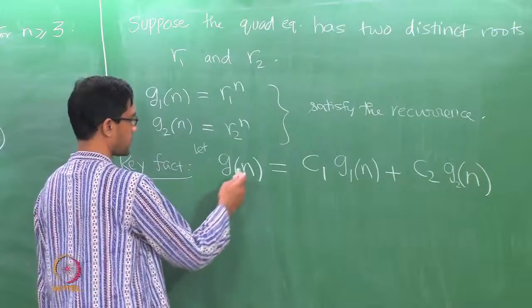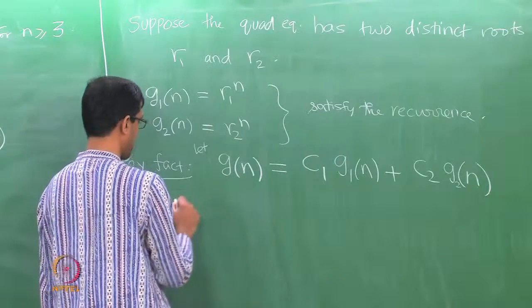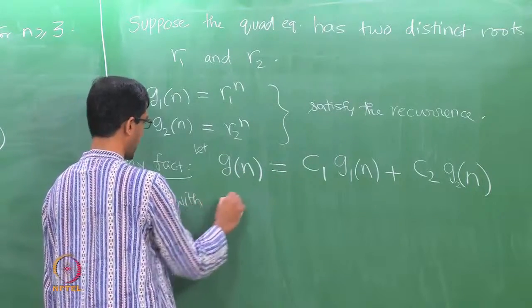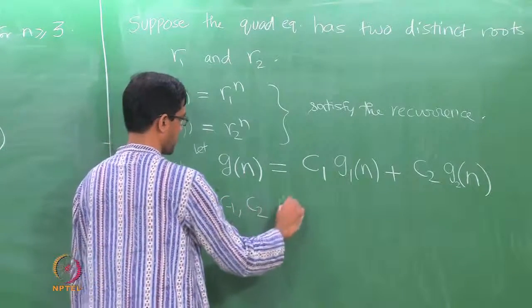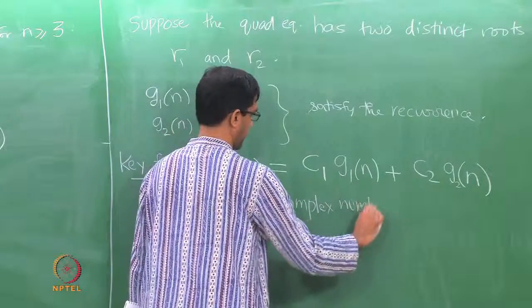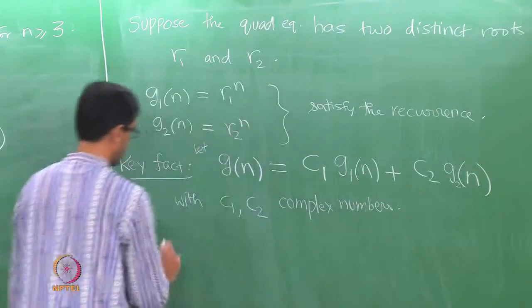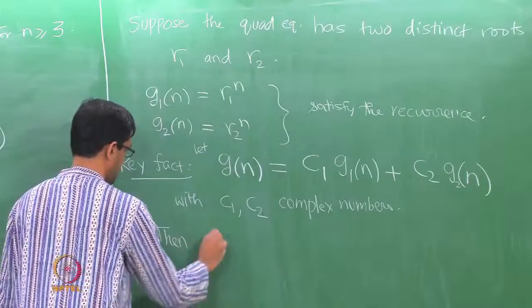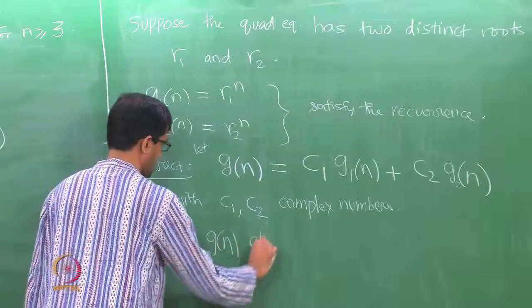C1 and C2 can in fact be any complex numbers. Then G of n also satisfies the recurrence.